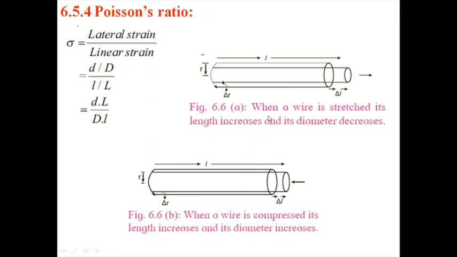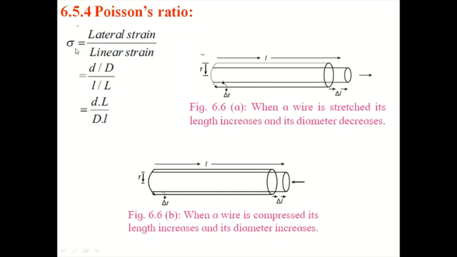The ratio of change in dimension to original dimension in the direction of applied force is linear strain, while the ratio of change in dimension to original dimension in the direction perpendicular to applied force is called lateral strain. Within elastic limit, the ratio of lateral strain to linear strain is called Poisson's ratio.